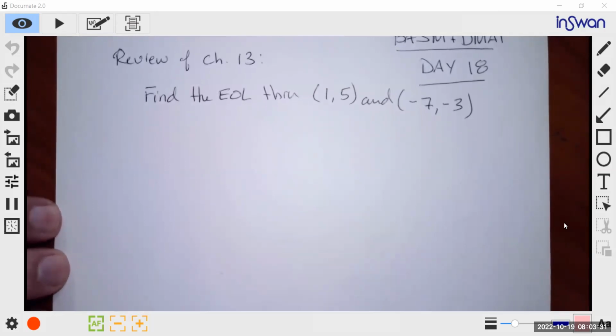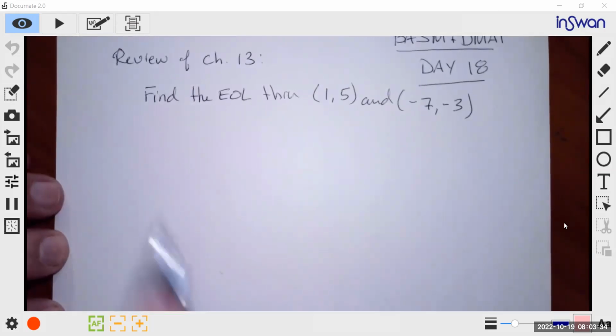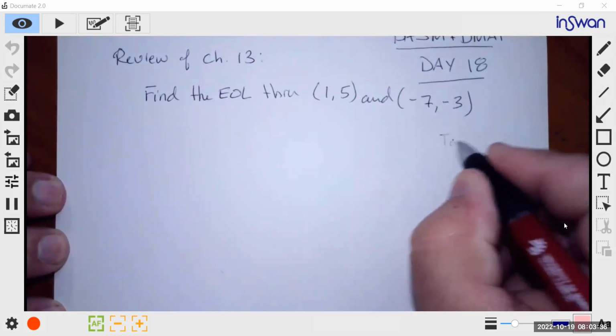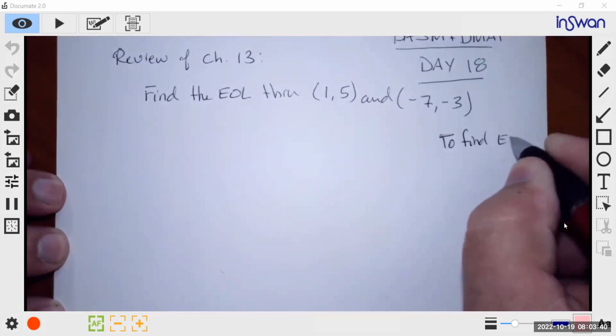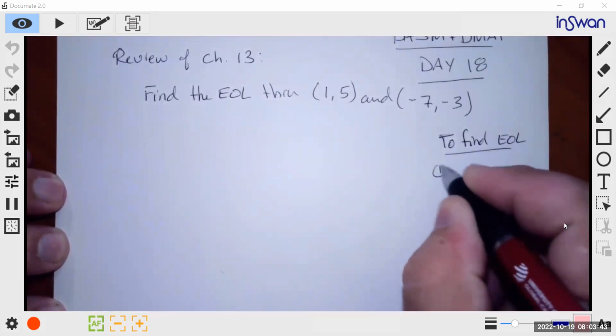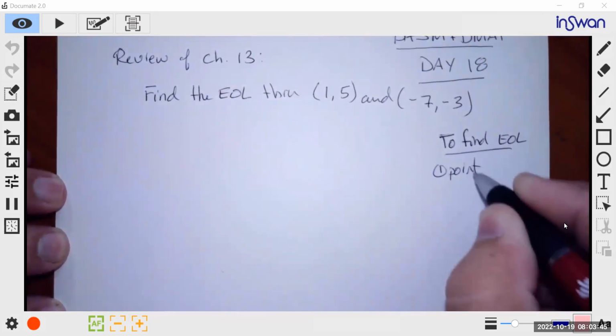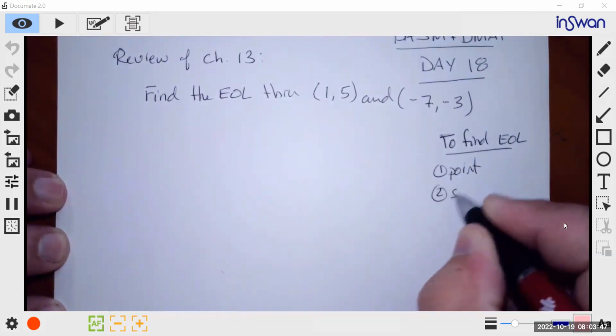So what do you need to find the equation of a line? What 2 things do you need? You need a point and you need a slope.